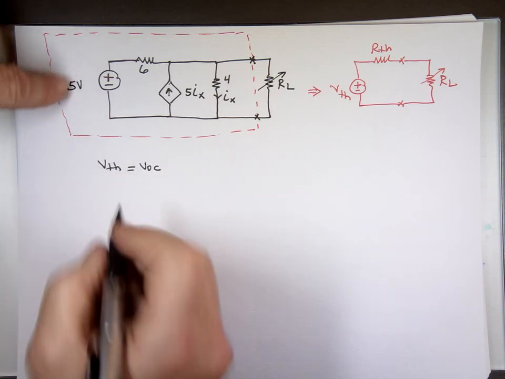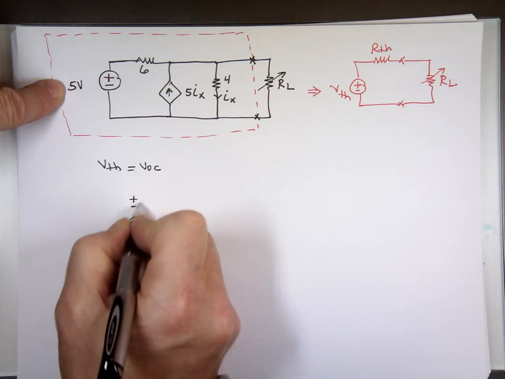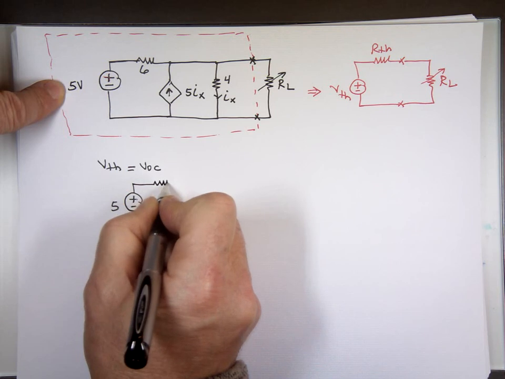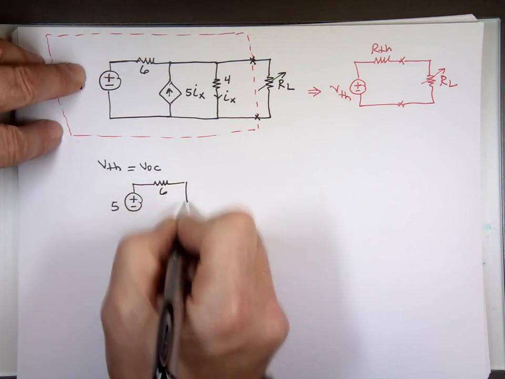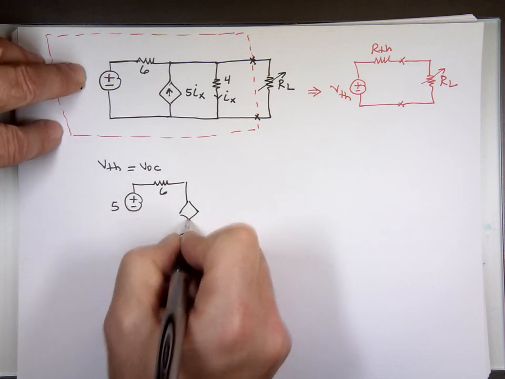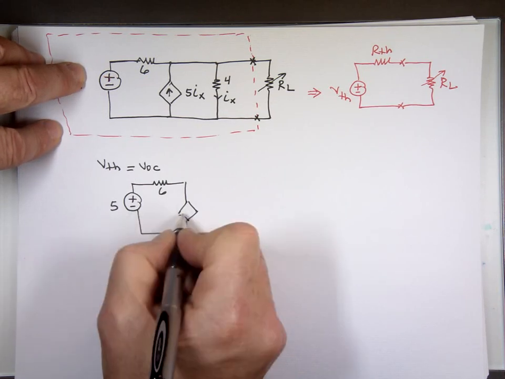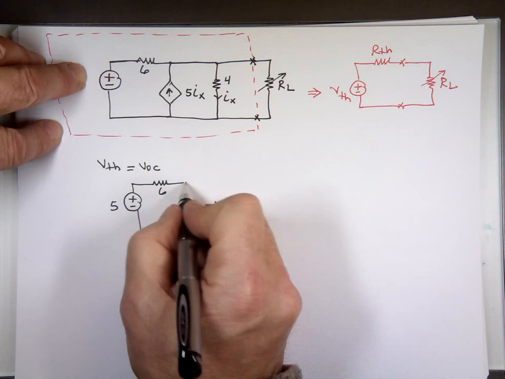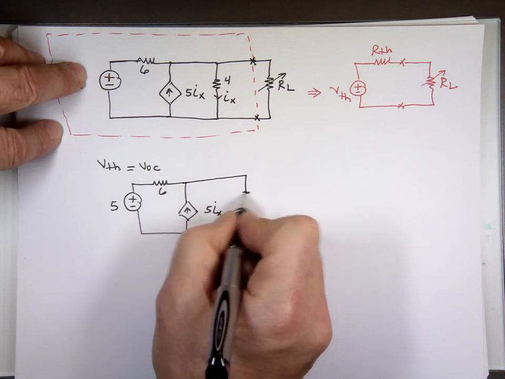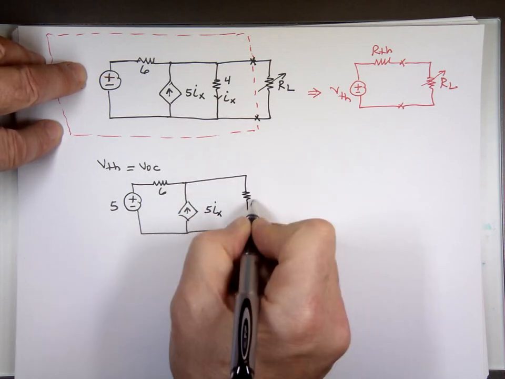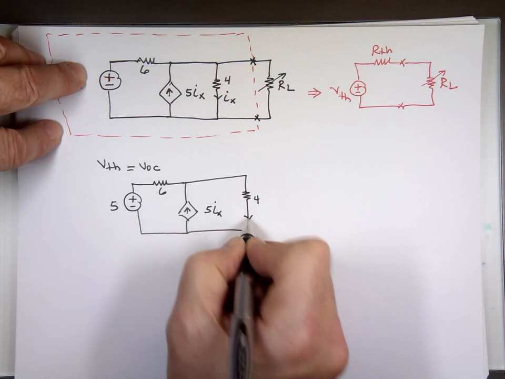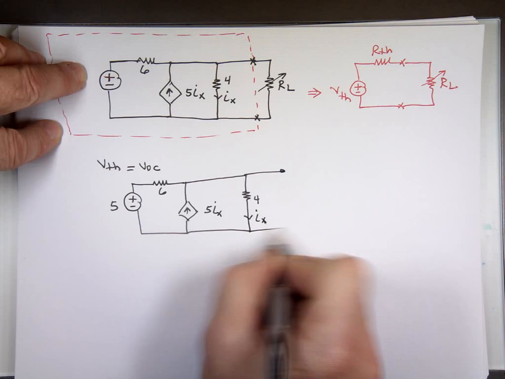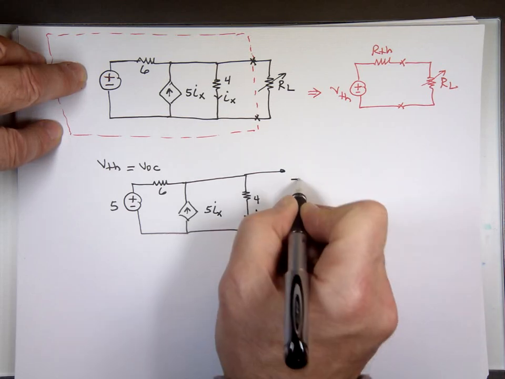So let me take my circuit here. 5, 6, 5 I sub x, 4 ohms, I sub x, and this is my V open circuit right there.